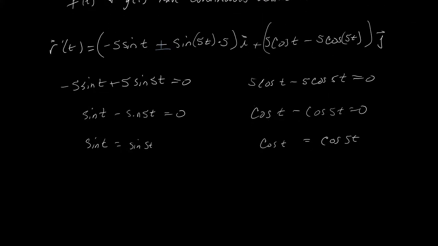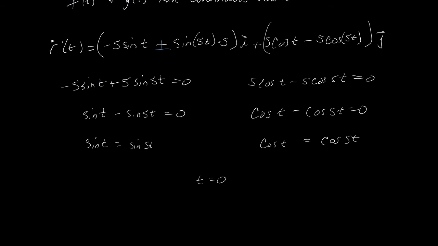Well, clearly t equal to 0 satisfies both of these conditions. All right, and then after that, it looks like we'll be looking at multiples of pi over 2. The reason for that is because those are the places where multiplying by a whole number is not going to affect the value as much.